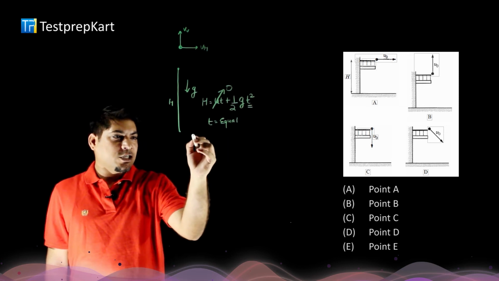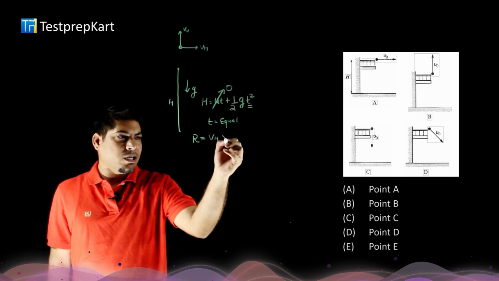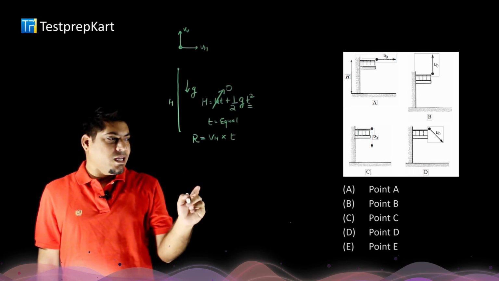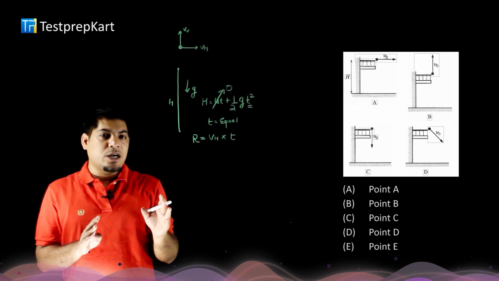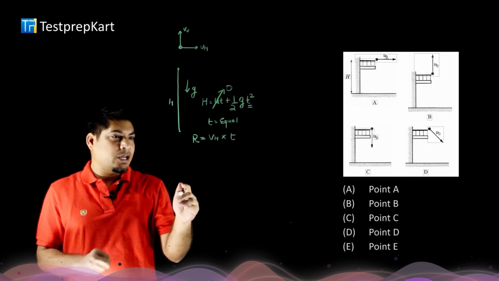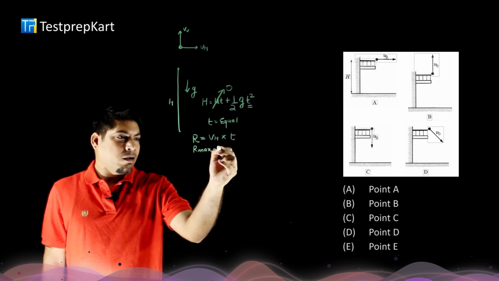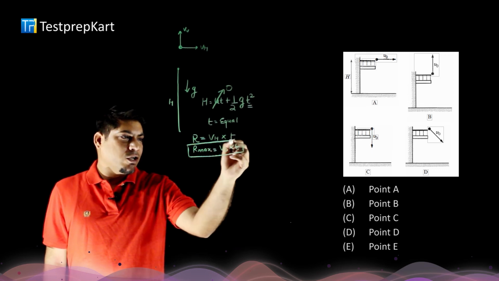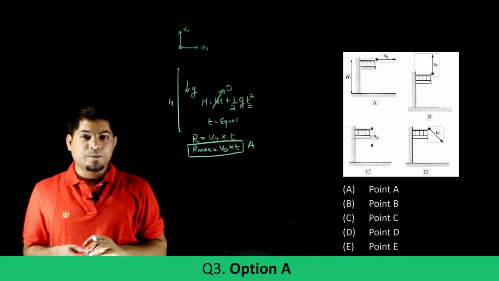So the displacement from the bottom of this building will be the horizontal component of velocity times the time to hit the ground. So in figures A and D we can see the maximum horizontal component of velocity is in option A. So R will be maximum, v0 into t, which is in case A. So choice A is correct for question number 3.